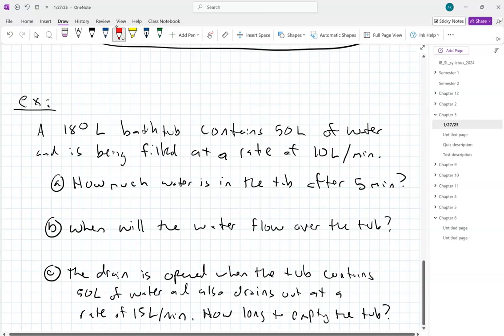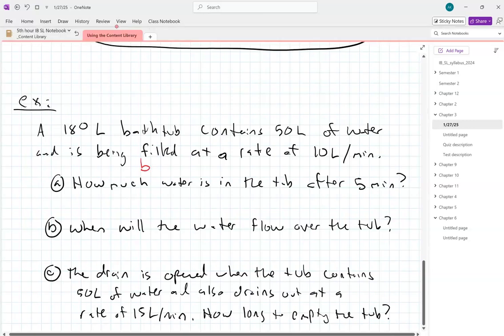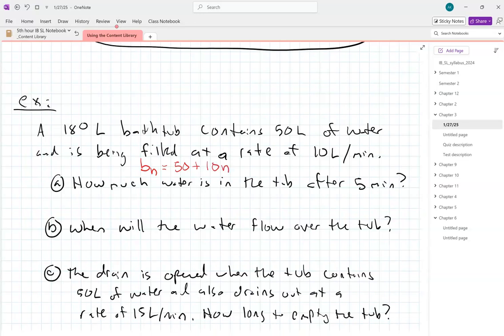So probably before I did any of these things, I would just try to write an equation to describe what's going on here. The amount of water in the bathtub should just be 50 plus 10n, right?